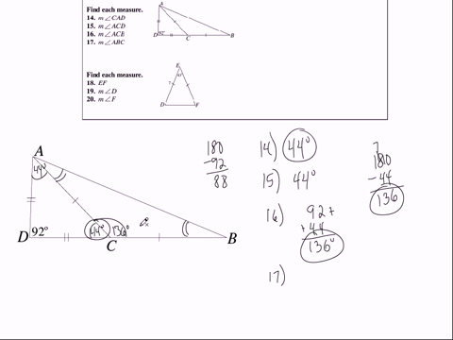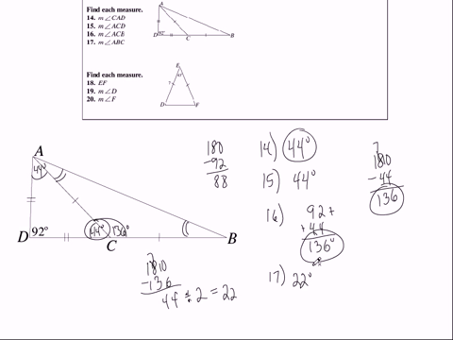They all add up to 180, so 180 minus 136 is 44 degrees. These two add up to 44 degrees, but they're exactly the same. So I take 44 divided by 2, take half of it, and that's 22 degrees. So 17 is 22 degrees.